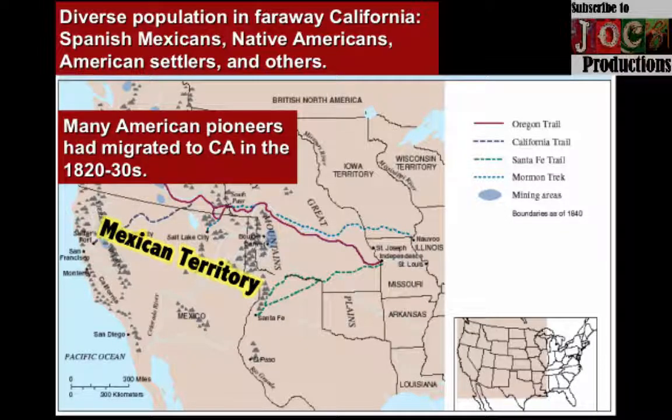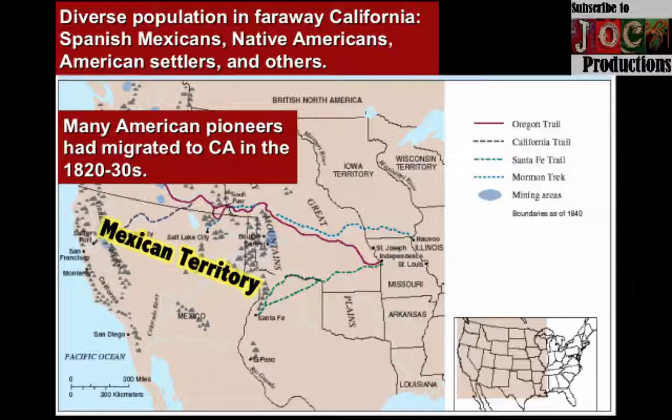California. Now, a couple things about California you should keep in mind. It's part of Mexican territory. The whole Southwest was. And in California, there's a diverse population. California is very far from the United States boundaries in the 1840s, but yet a lot of American settlers had come across along the overland trails into California.